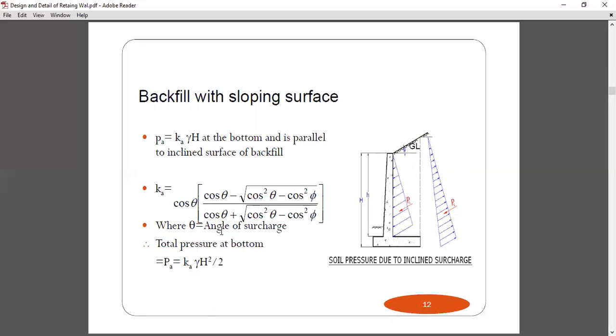Theta is equal to the angle of surcharge. The angle of surcharge is the angle between this, like this. Total pressure at the bottom is Ka into gamma into H square divided by 2.